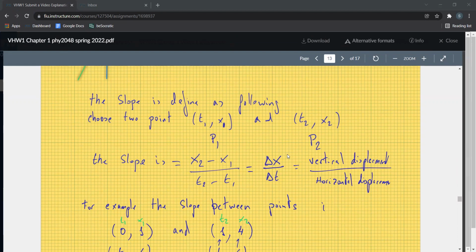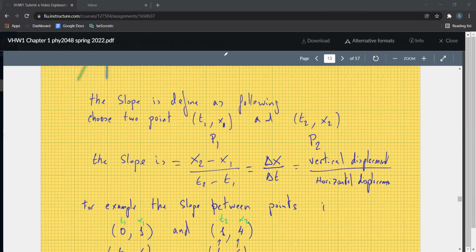So it is the change in position at the top, or your vertical displacement, over your horizontal displacement, which in this case is our change in time. Right, so this is change in position over change in time. Position is on the vertical line, while time is on the horizontal.